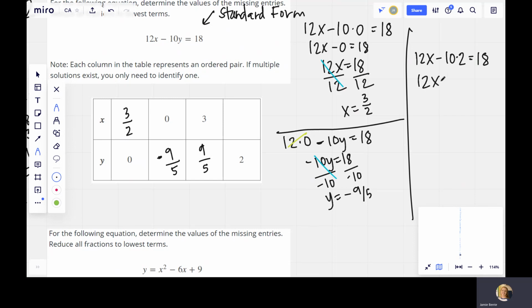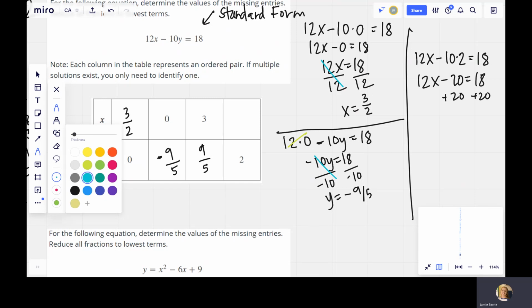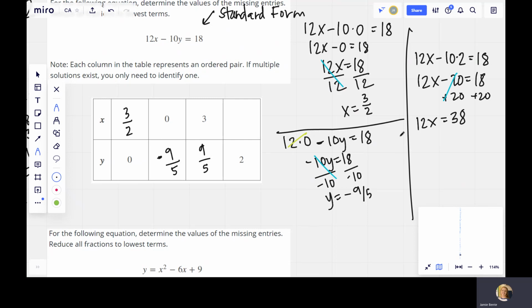So 12x minus 20 equals 18. Go ahead and add 20 to both sides. Cancels out on the left. We're left with, not negative, sorry, just 12x equals 18 plus 20 is 38.